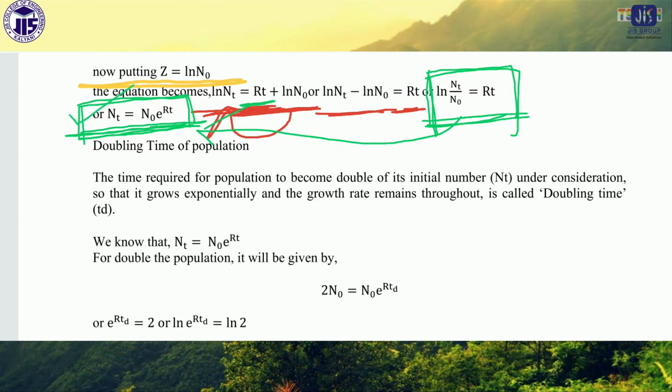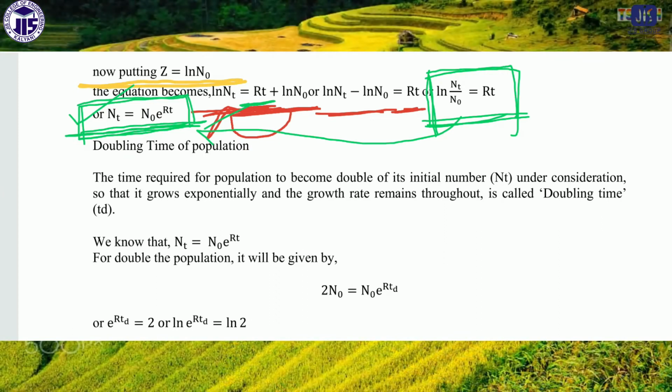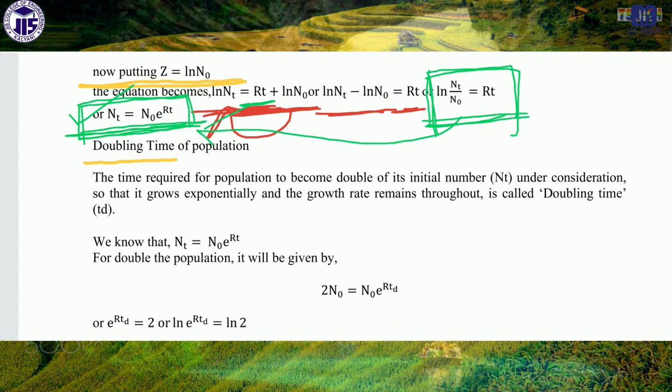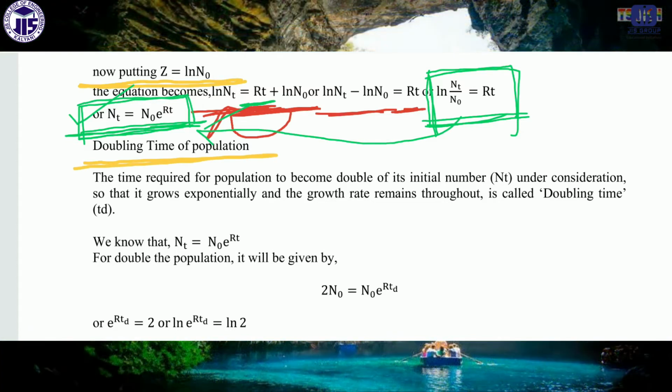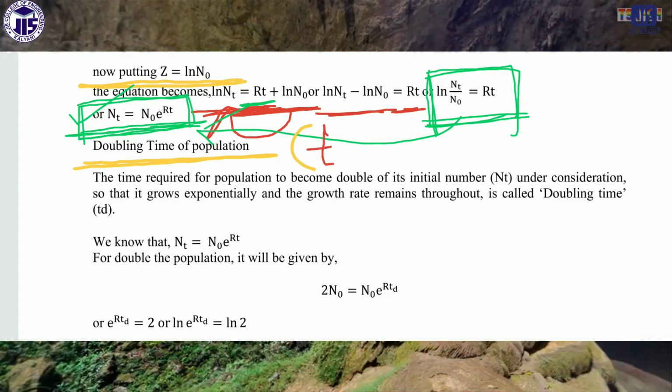Now from this equation we have to find out when the population will be double with respect to the initial population. That is represented by T with suffix d.